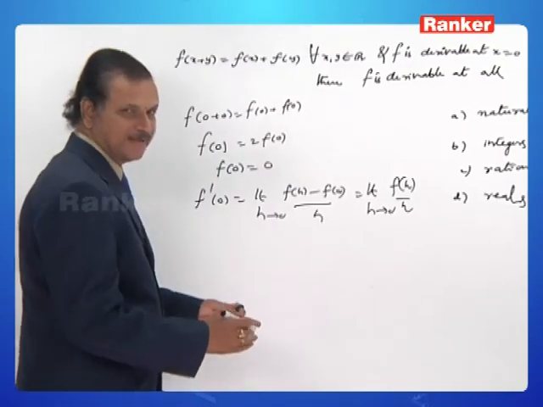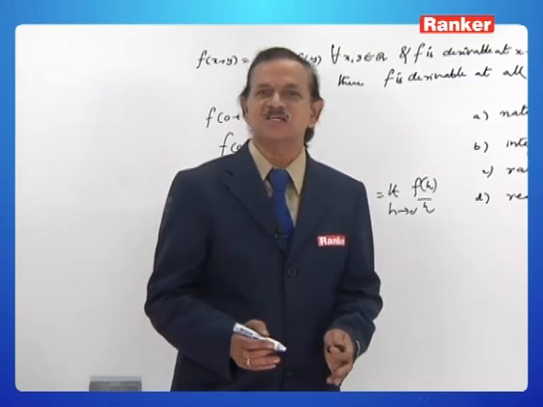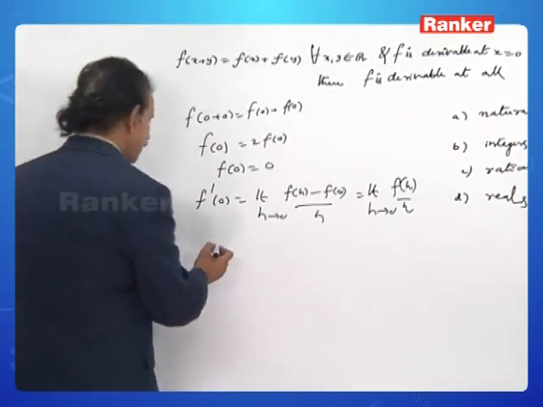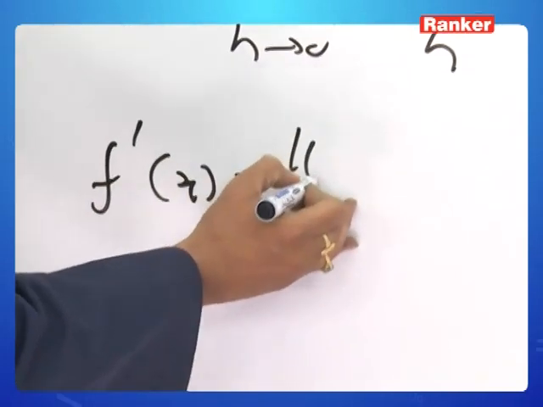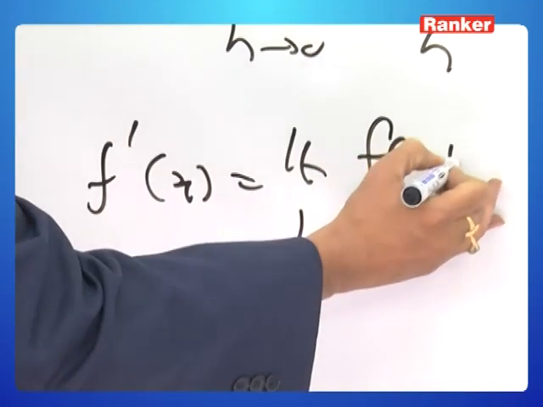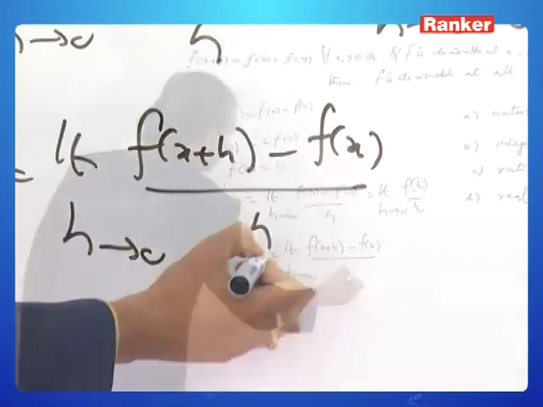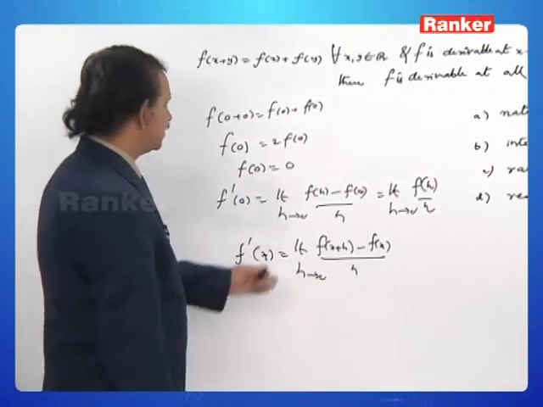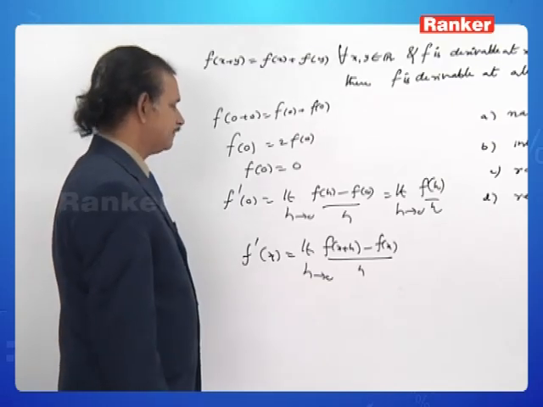Is f derivable at all points? That is, we may have to search for f dash x. When does f dash x exist? Look here. f dash x is the limit as h tends to 0 of f of x plus h minus f of x by h. You see, f of x plus h is equal to f of x plus f of h, isn't it?